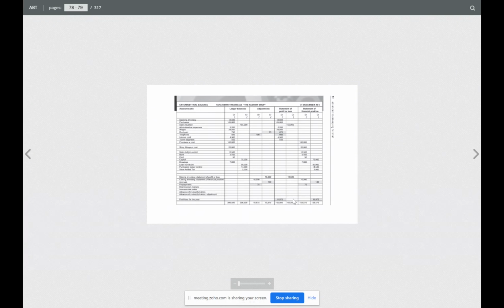If it is credit here, then debit here. In this case, it is debit, so we credit it here. Then we add up these two sides and see that it should be matching. If it is matching, it means all your calculations are correct. Otherwise, you will have to find out the error.